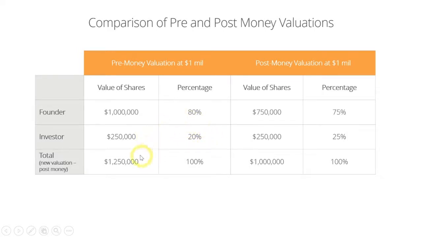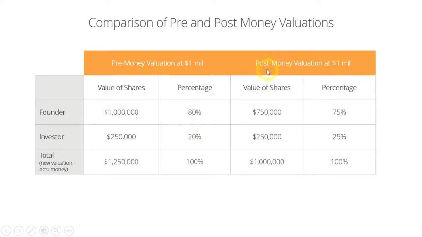And finally, your new valuation will be $1.25 million. This is the new post-money valuation for your company, because the investor has invested this amount of money.